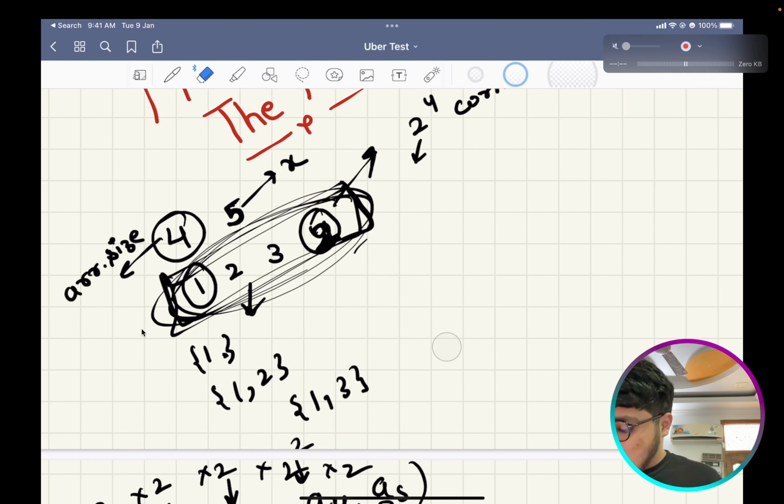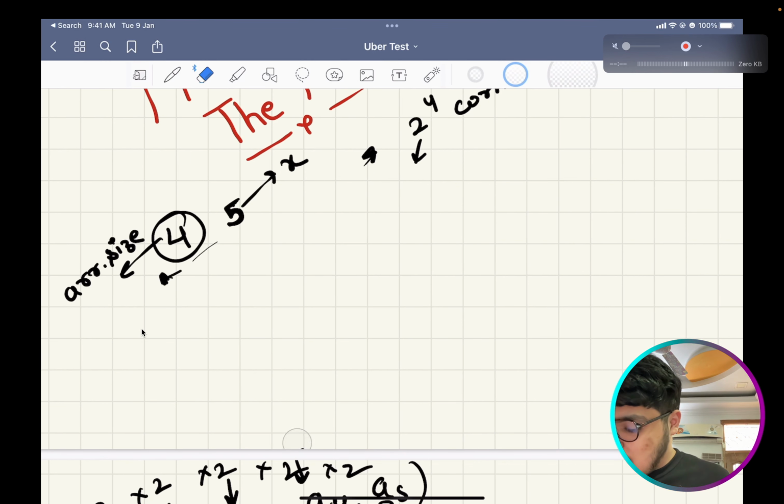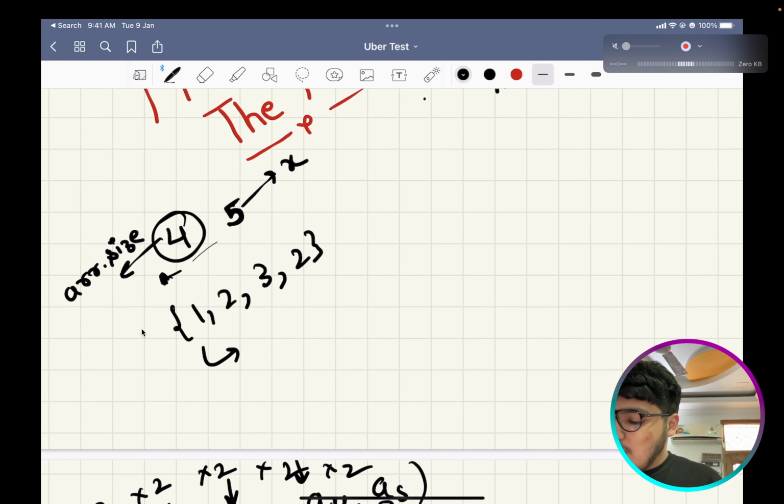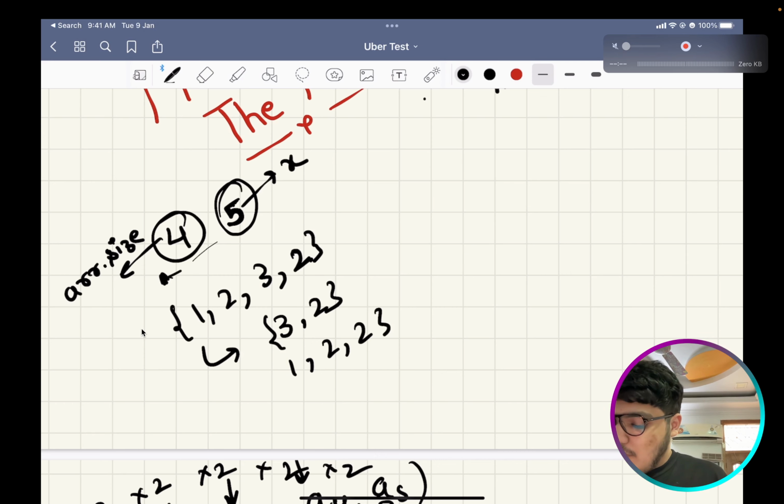So just clearing this mess. Let's say this is your array. Now you have to get 5 as a sum. The possible subsets are 3 comma 2, or 1, 2, 2.